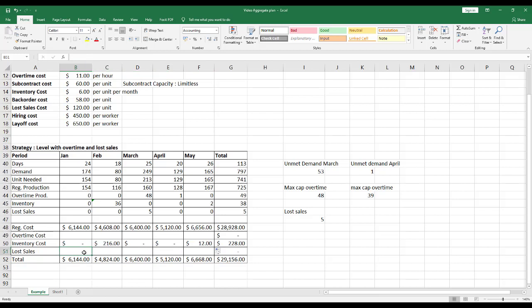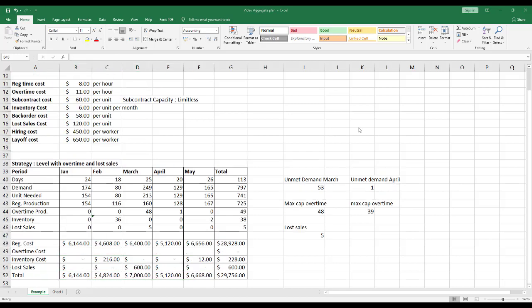For lost sales, it's also the same like back orders. Lost sales cost times the number of lost sales that is occurred. Like in the previous video, overtime cost can be calculated by 2 formulas depending on the capacity that we use in the overtime.